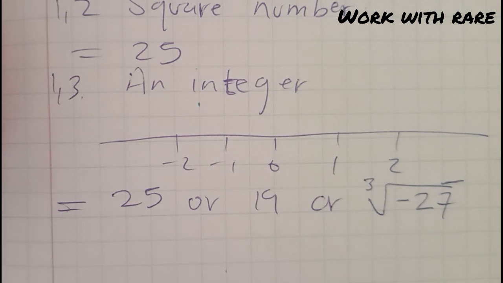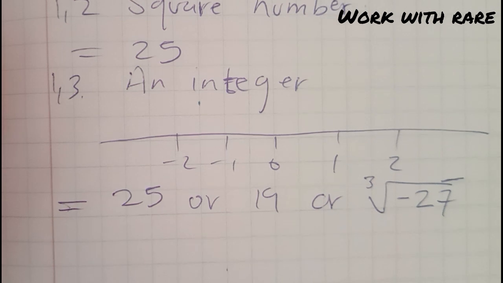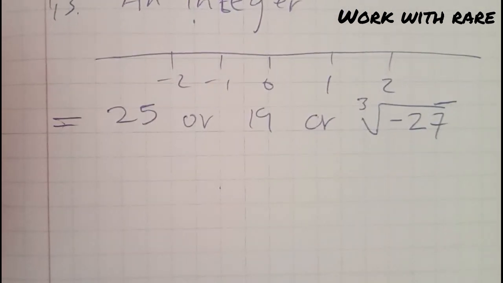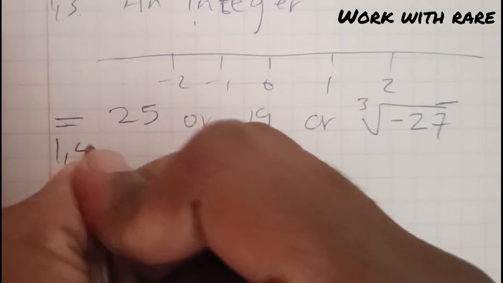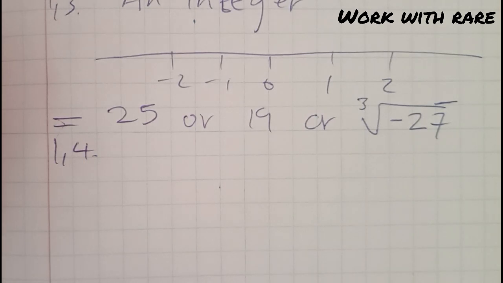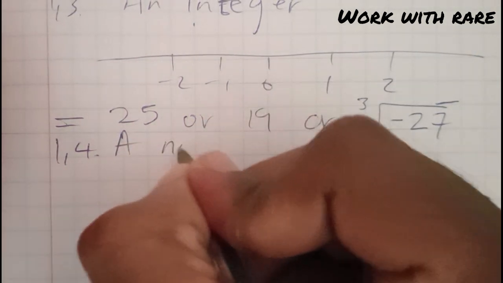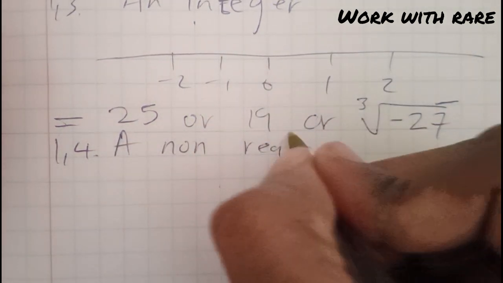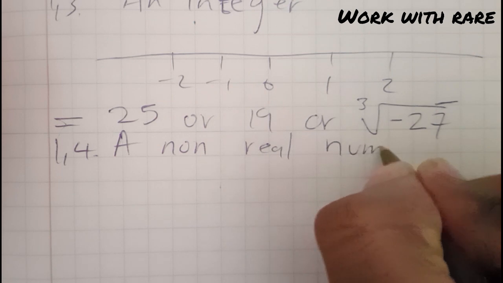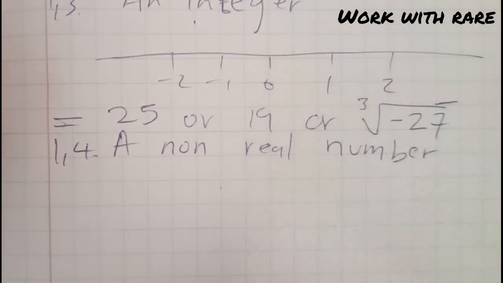Okay, so let's do number 3. Number 4, I mean. So number 4 says 1.4, a non-real number. A non-real number.